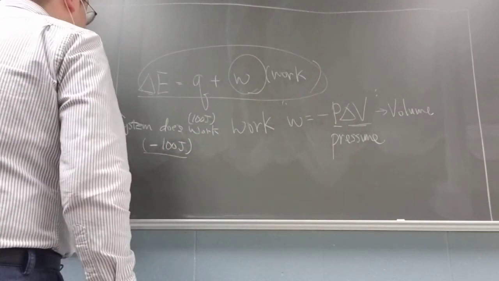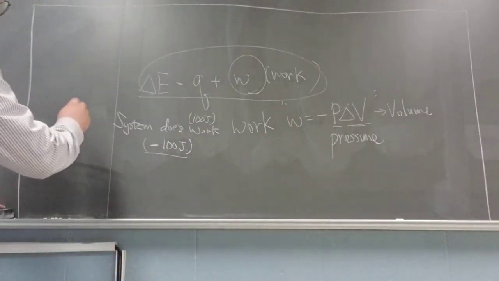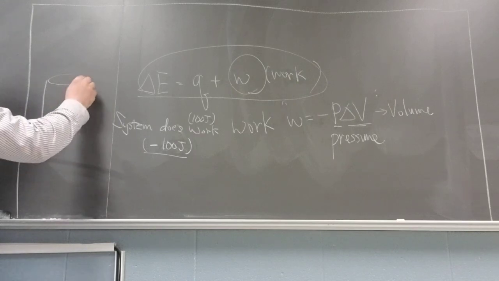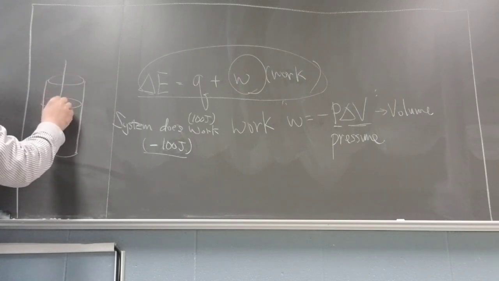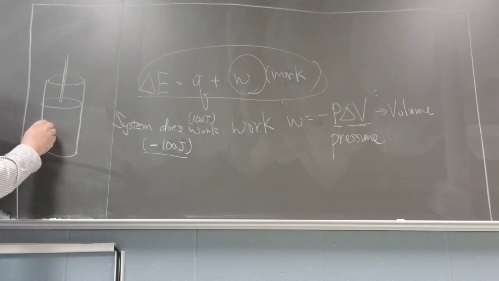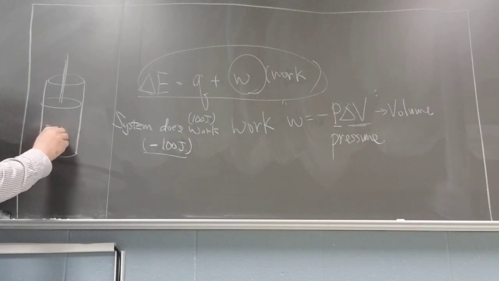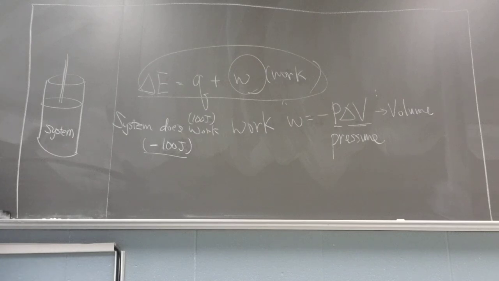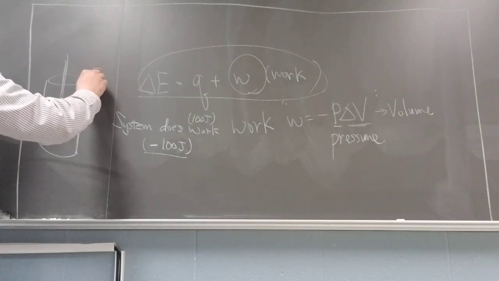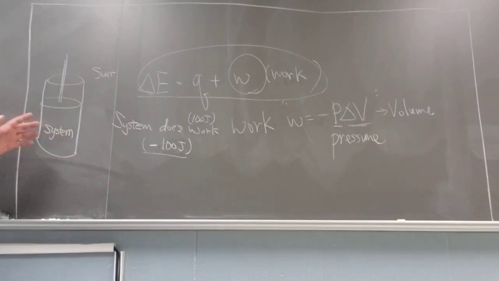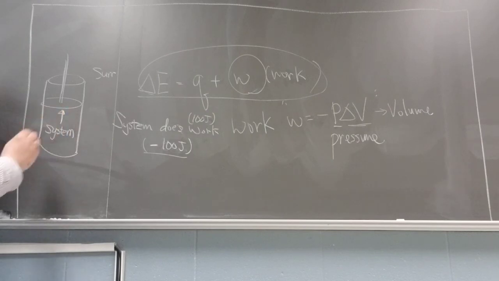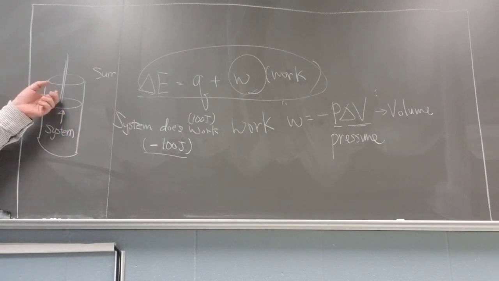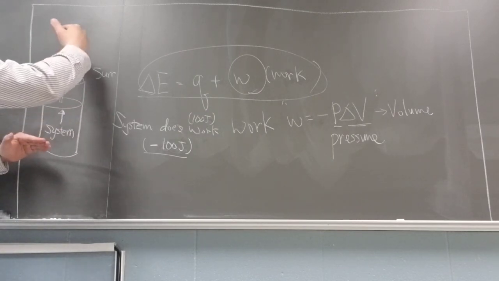So for example, if we had a cylinder here, and this is the plunger, and you have a system right here. Let's say the system is doing work on the surroundings. Everything else is the surroundings. If the system does work, it's going to push the plunger, so it actually does the work.